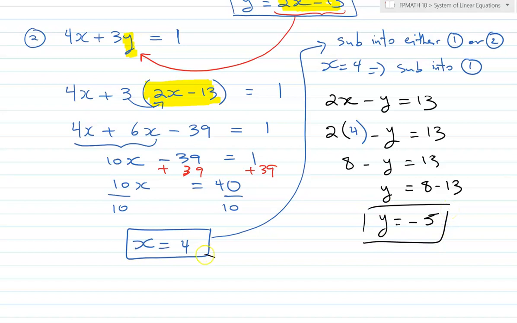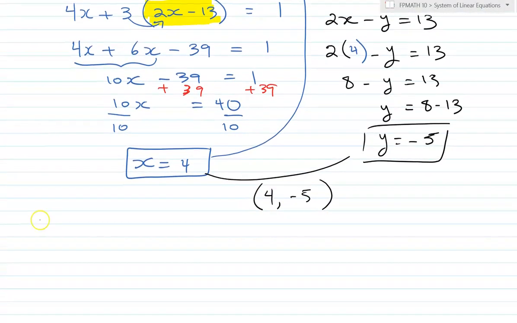All right, what is the final solution? Final solution, coordinate 4, minus 5. Great. What is the last thing you have to do? Must check. Always check your answers, always.